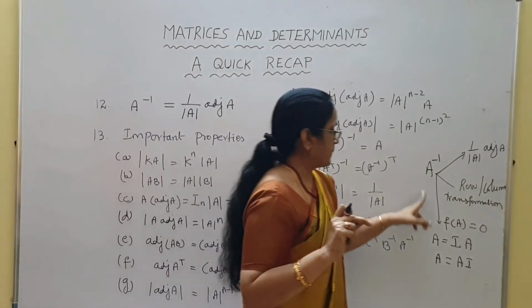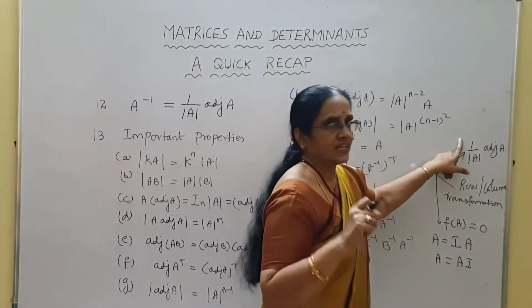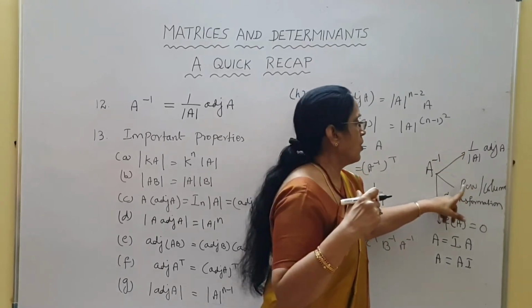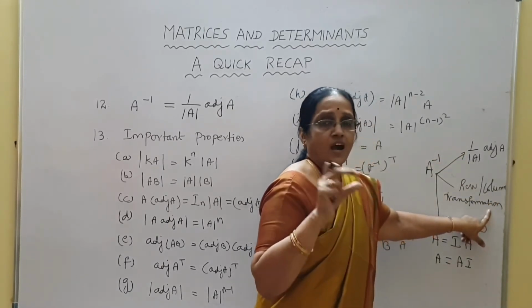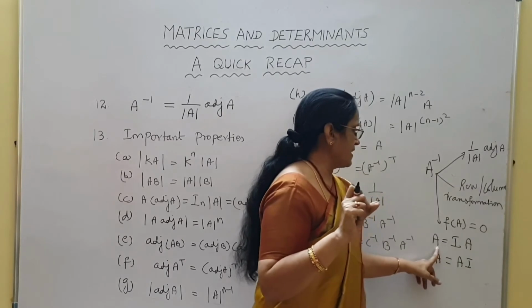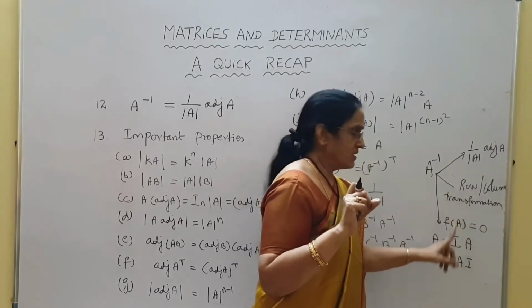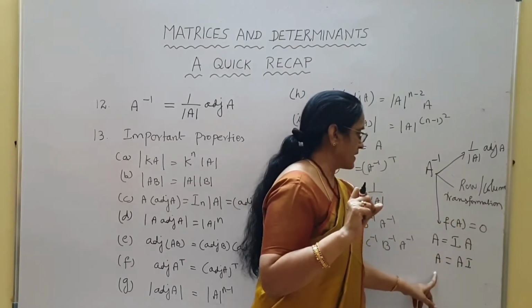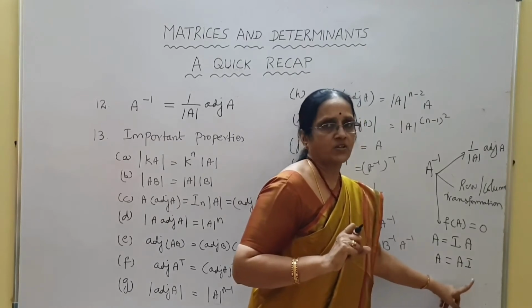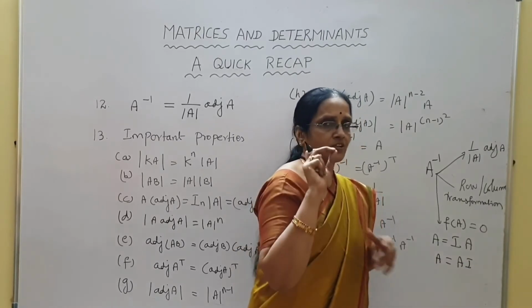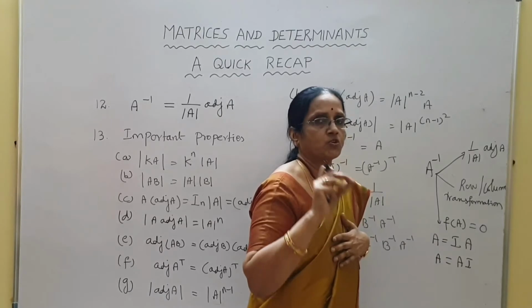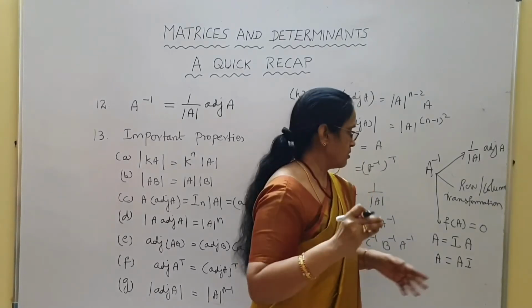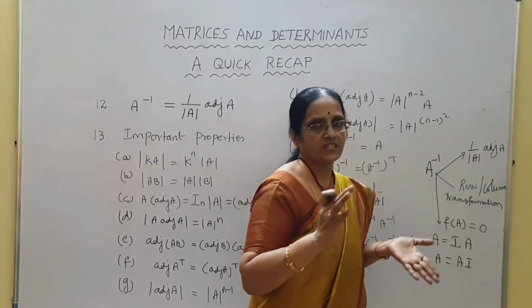What are all the different types you have? Formula method, I already told you. Then row or column transformation. How to consider the matrix A for row transformation? A is equal to IA. For column transformation, A should be taken as A into I. Then a particular pattern I already mentioned in my video. Please go through it so that you will be in a position to get A inverse without any difficulty.